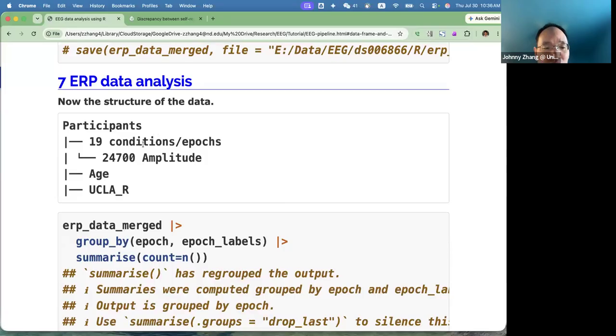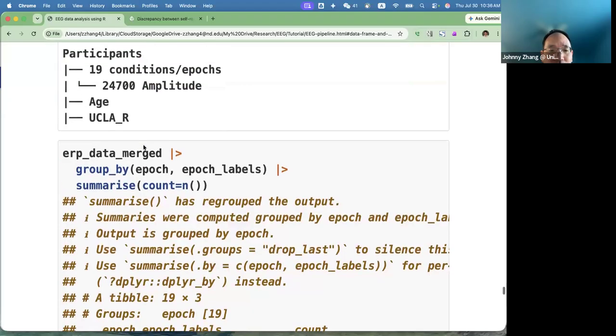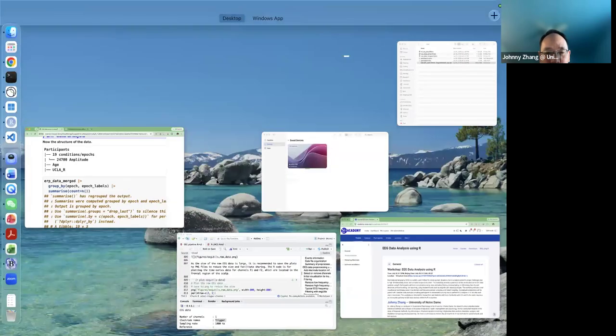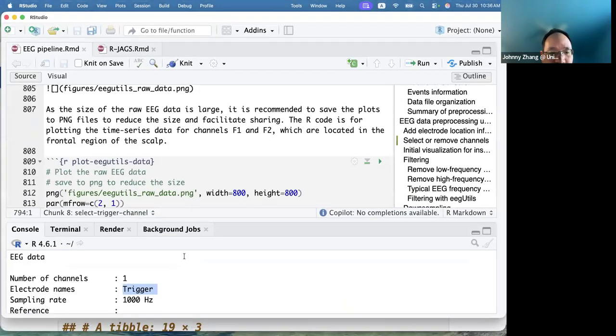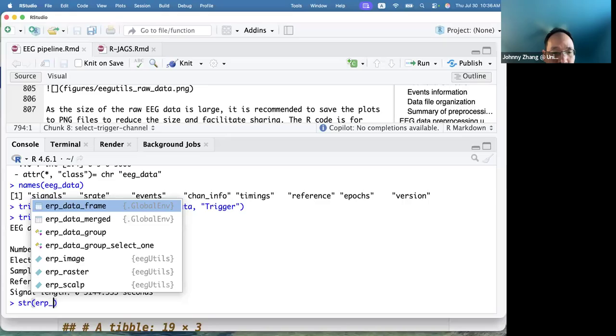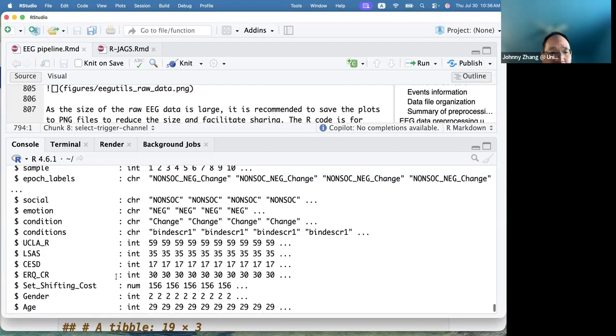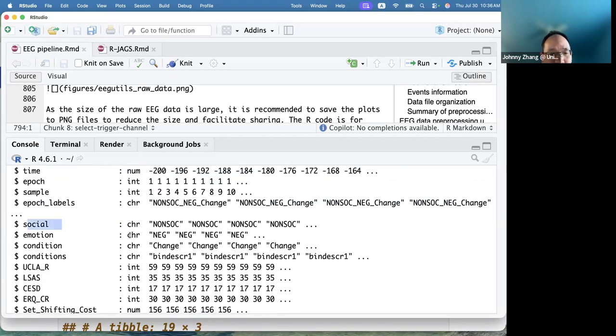Now my data set has a structure that looks like this. Maybe it's easier to see it here. So this is my ERP data. Notice I have three variables created here: whether social or non-social, negative or neutral image, and changing.